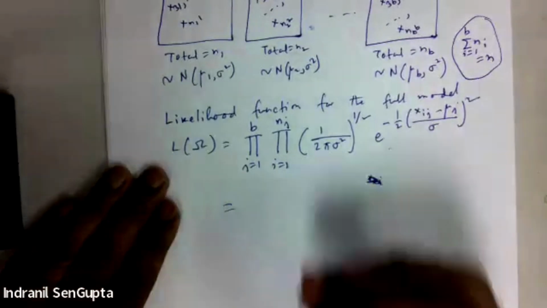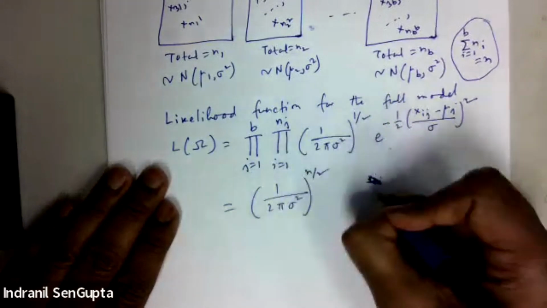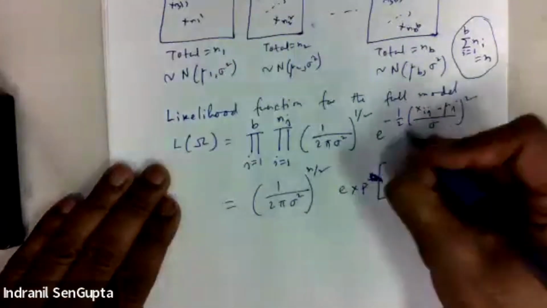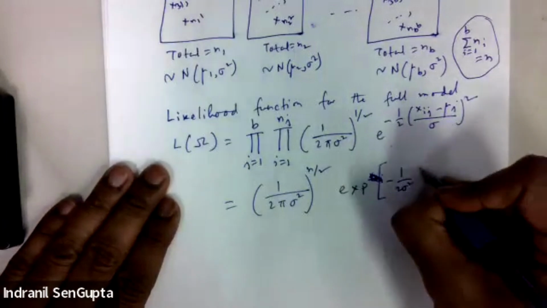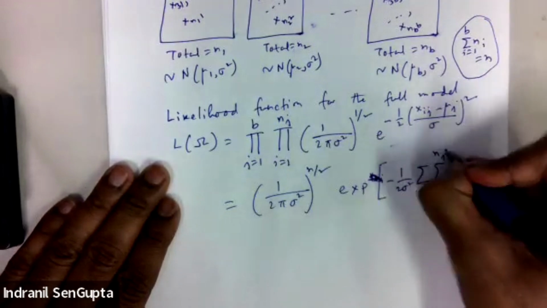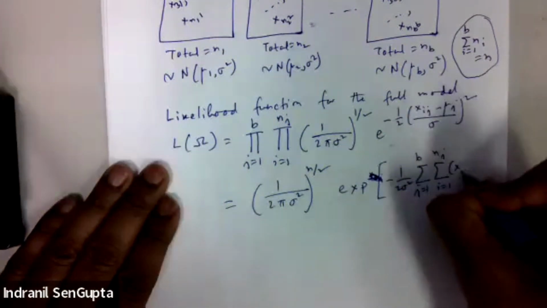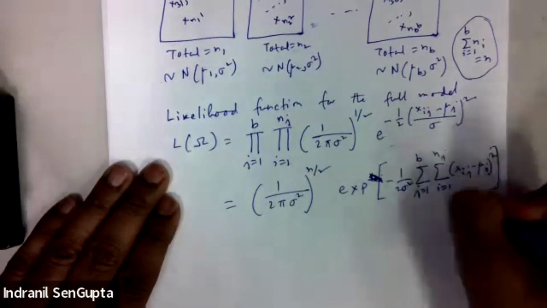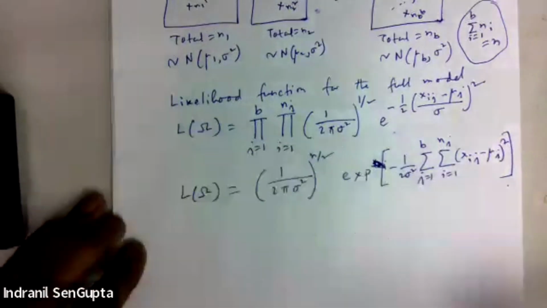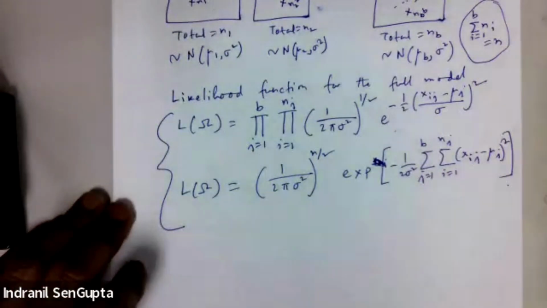So I can write this as 1 over 2 pi sigma squared to the n over 2, and then this simplifies to exp of minus 1 over 2 sigma squared, and this product becomes a summation, i from 1 to n sub j, j from 1 to b, of x of ij minus mu sub j, squared. So that is the likelihood function for the full model, meaning when we did not really assume the null hypothesis.